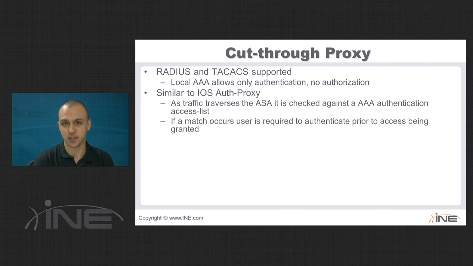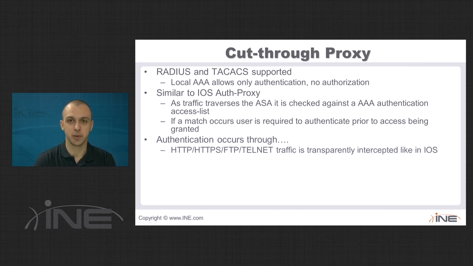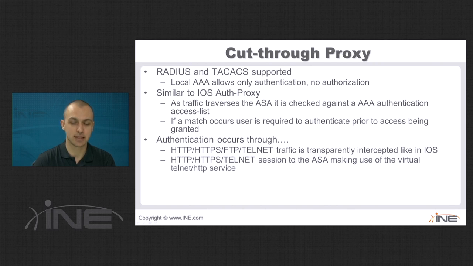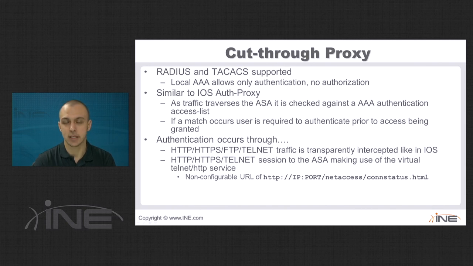But the ASA also supports an additional functionality, which means that you can optionally telnet or HTTP to the ASA to trigger the cut-through proxy. Instead of sending traffic through the ASA, you can telnet or HTTP to the ASA to trigger the authentication proxy, which is called the virtual telnet or virtual HTTP functionality.